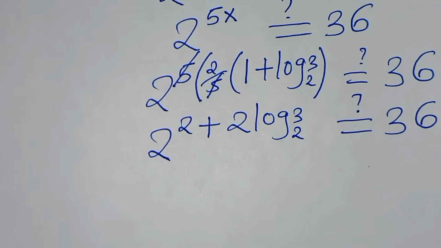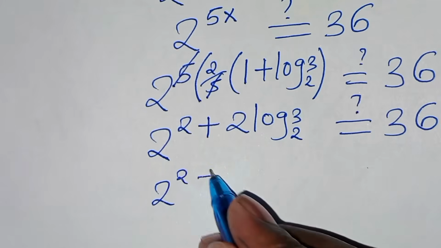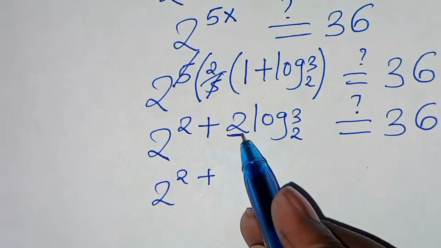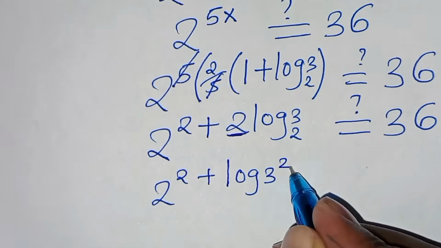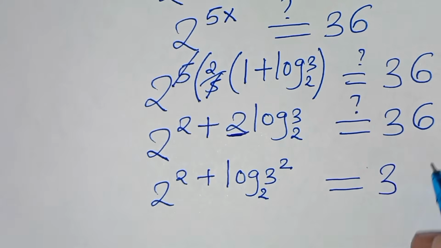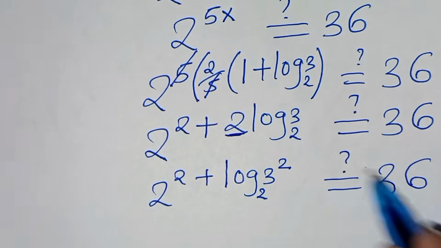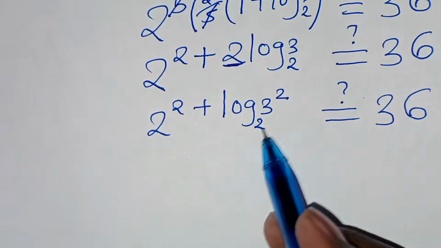So the next step is that this is the same thing as 2 to power 2 plus. Now, since 2 is a power, we can express this as log 3 to power 2 to base 2, and this should give us a value of 36. Now, 2 to power 2 plus log 3 squared to base 2.